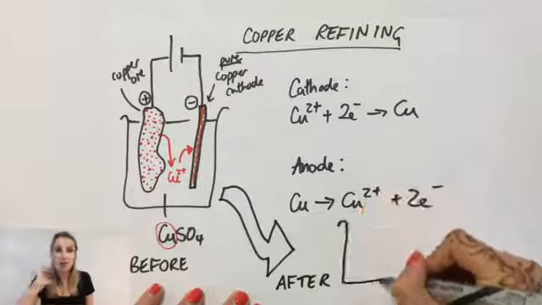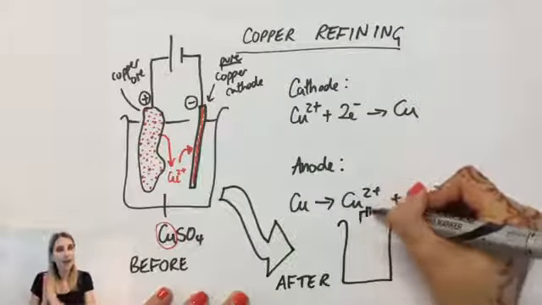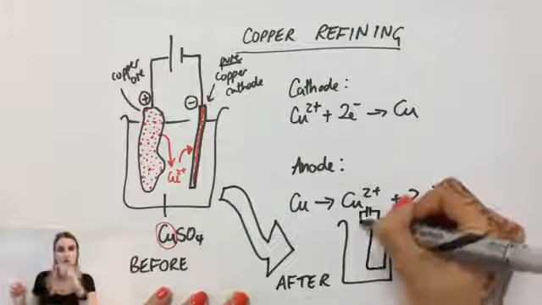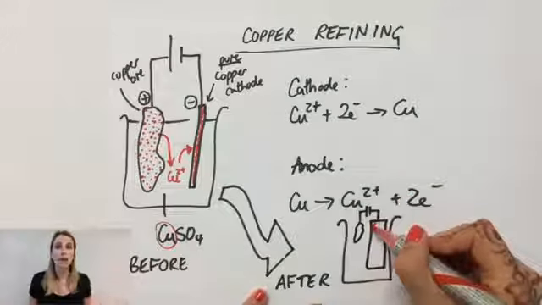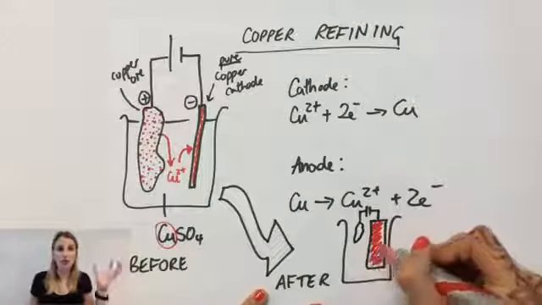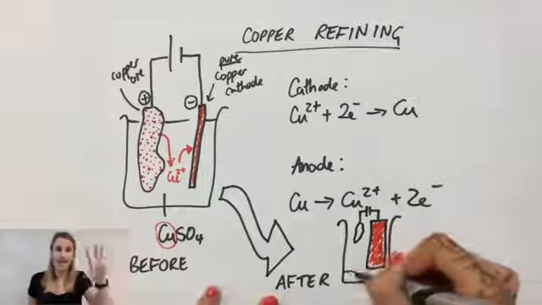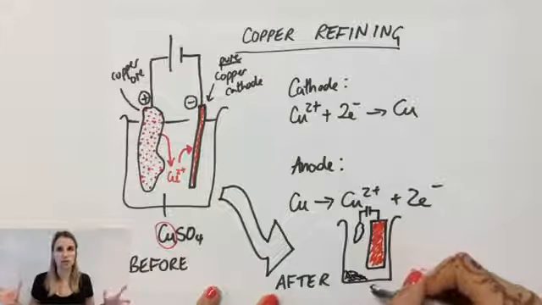Now, over a period of time, what happens is you end up with your copper cathode getting bigger and bigger and bigger as more and more copper gets coated around it, whereas my copper ore anode will get smaller and smaller. And what will end up happening is all the sand and other stuff in the rock will just fall to the bottom like a sludge at the bottom there.